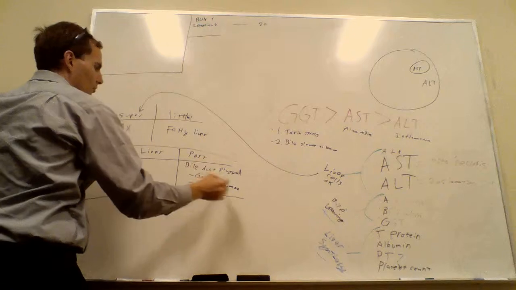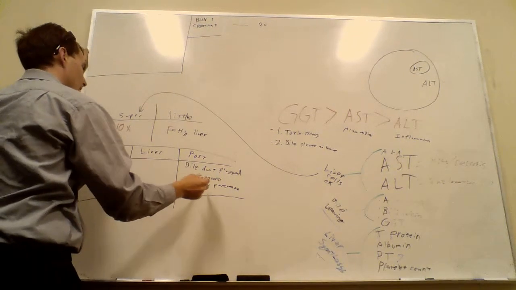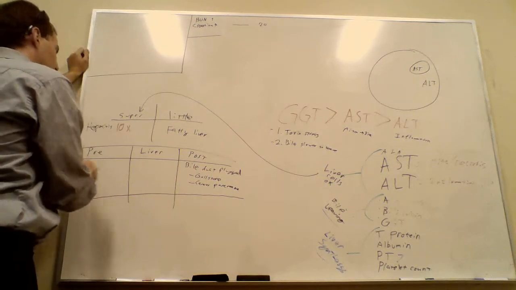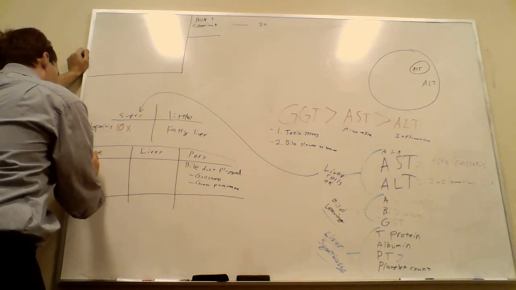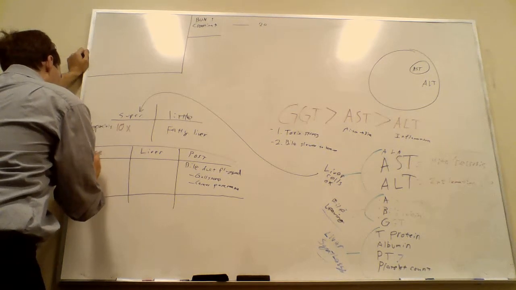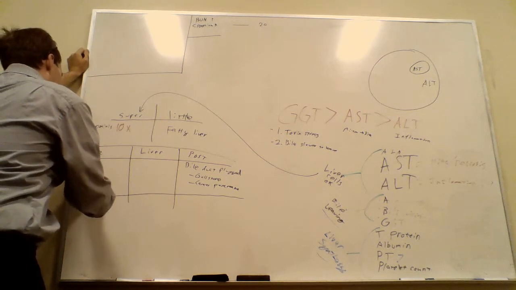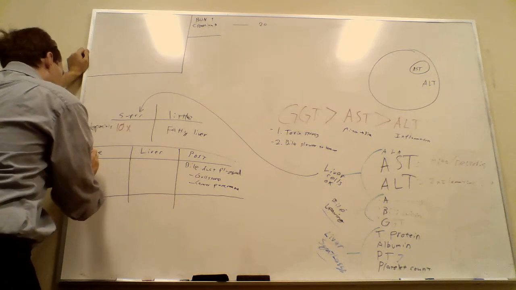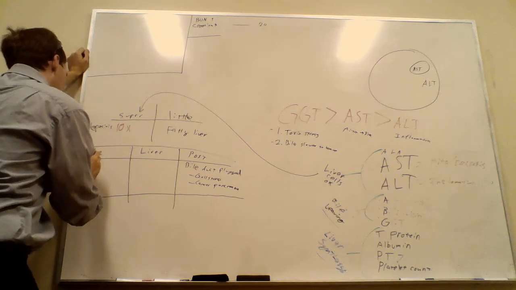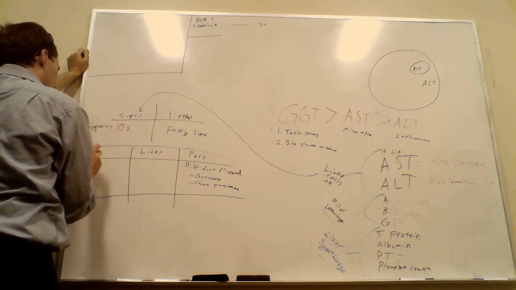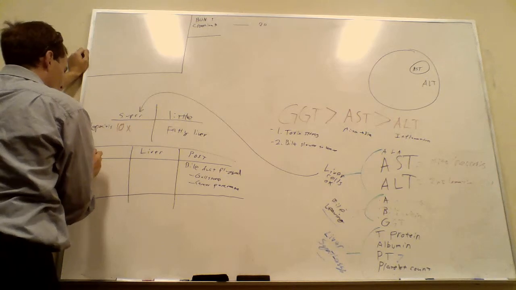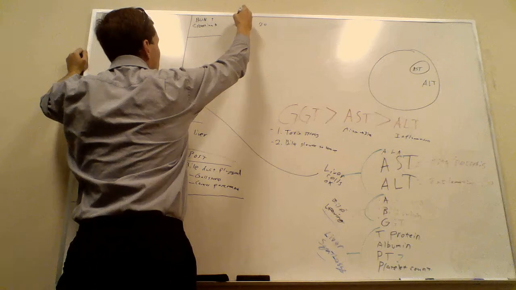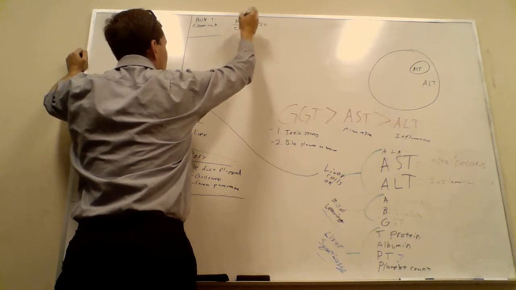And if it's post, these are the two most likely: gallstone and cancer of the head of the pancreas. However, if it's pre, just since we're talking about jaundice, that's going to be hemolytic anemia. That would happen because red blood cells have a whole lot of hemoglobin in them, and a whole lot of nitrogen-containing compounds, and those are going to raise the nitrogen, which is on top here, BUN over creatinine.